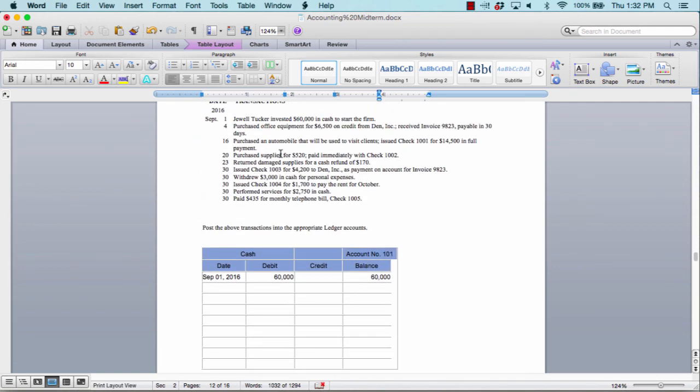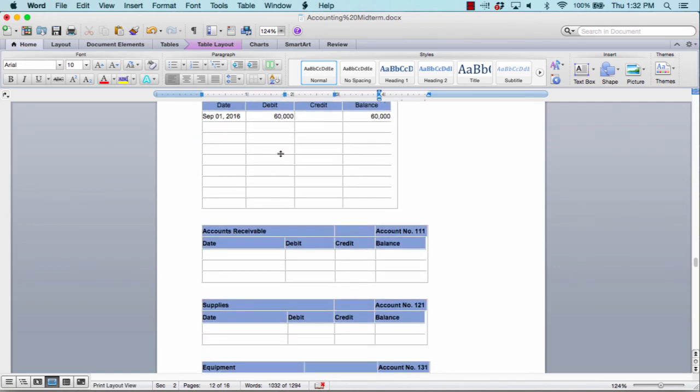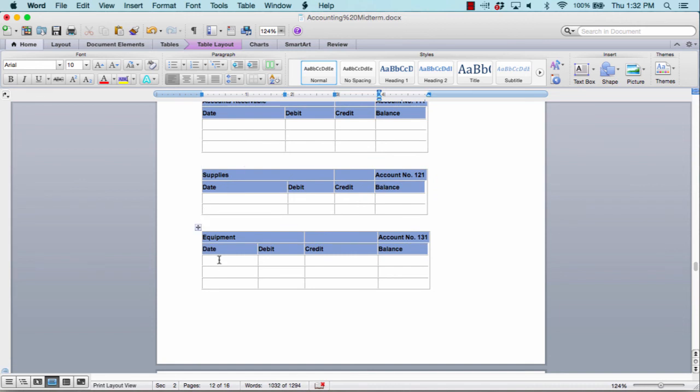It's $6,500 on September 4th. You put down September 4th, 2016. And in order to increase your assets, you do a debit. So it's $6,500, and your balance is $6,500.